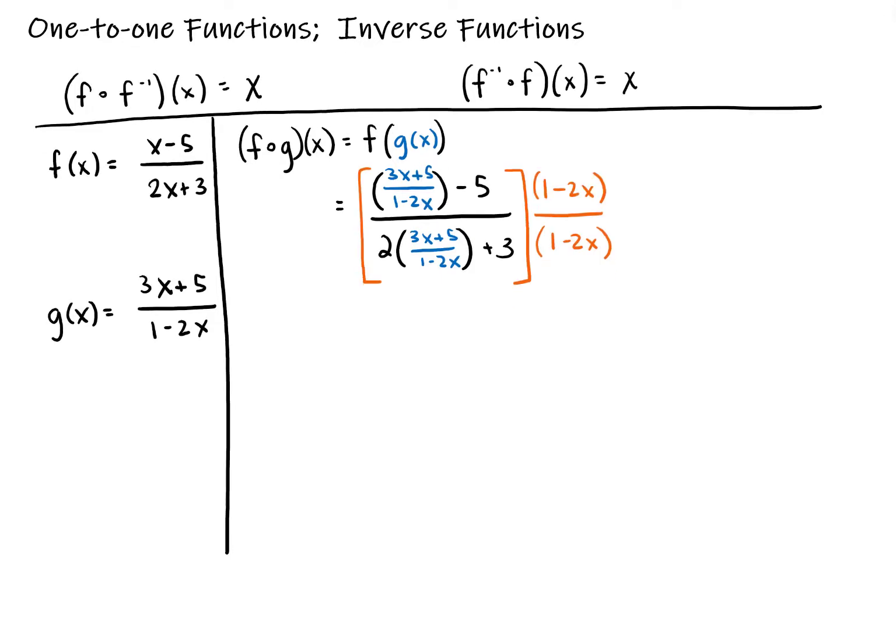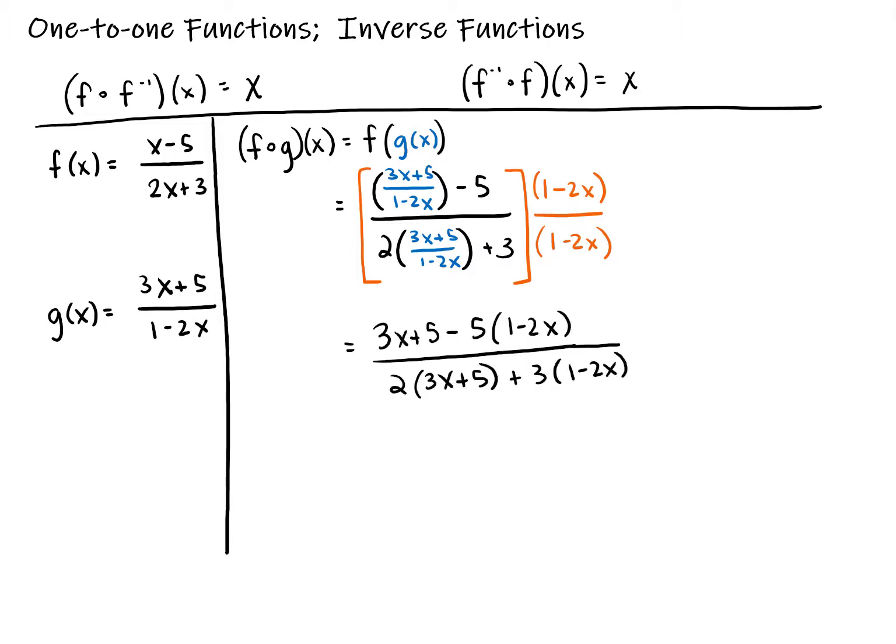Multiplying by the LCD in this case will give me the following fraction. Notice that my 1 minus 2x cancels out with the denominators of both of my blue fractions, but gets multiplied by everything else. So the 3x plus 5 is my remainder from that multiplication, and then I have to multiply the minus 5 times the 1 minus 2x.